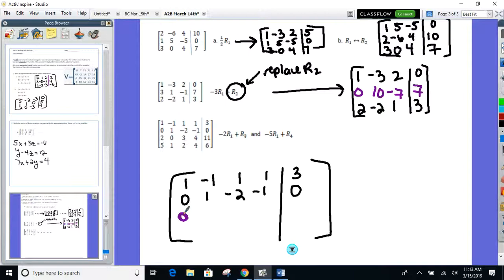Next one: negative 2 times negative 1 is 2, plus 0 is 2. Negative 2 times 1 is negative 2, plus 3 is 1. Negative 2 times 1 is negative 2, plus 4 is 2. And finally, negative 2 times 3 is negative 6, plus 11.